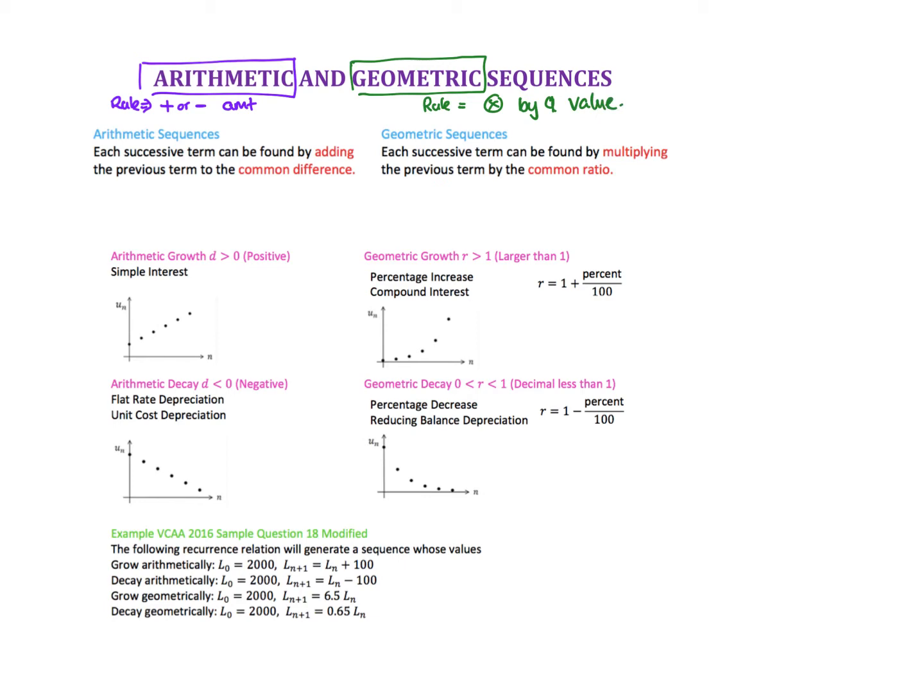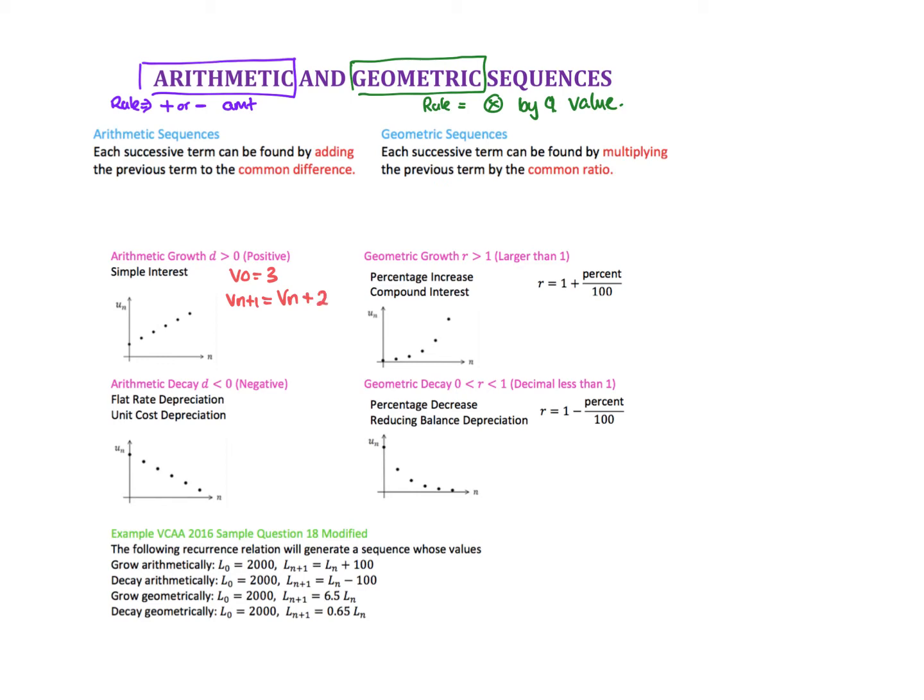Okay, so here we've got the arithmetic sequences. When we're adding something to the term before, for example adding 5, the terms are going to get bigger, aren't they? They're going to grow. So we have an arithmetic growth sequence. Say we started at 3 and our rule was we add 2.